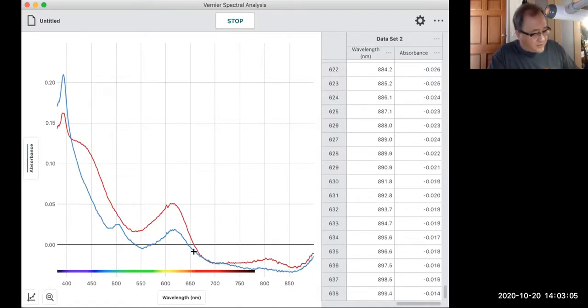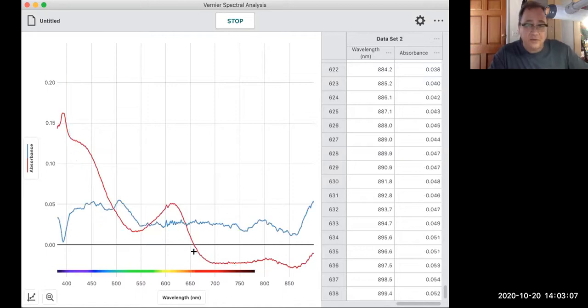So interestingly enough, for these two solutions that we're looking at, this one here and this one here, they're both green. So how did I make that green solution? Well, it turns out I took some of the blue and I mixed some of the yellow in together. And what does blue and yellow make on the color wheel? It makes green. So our solution is green, but why does it look green?